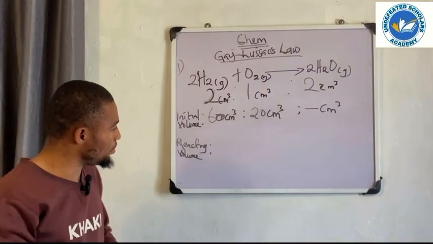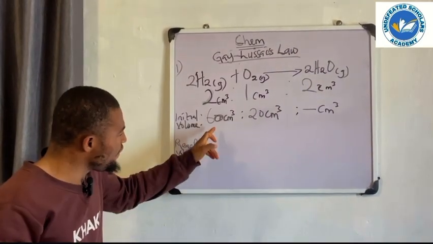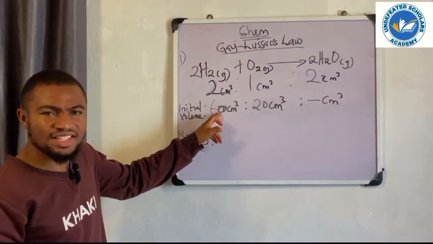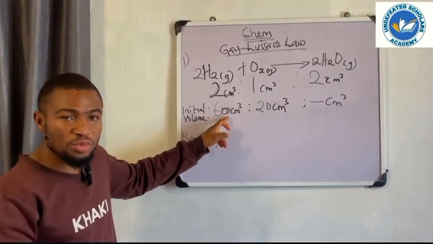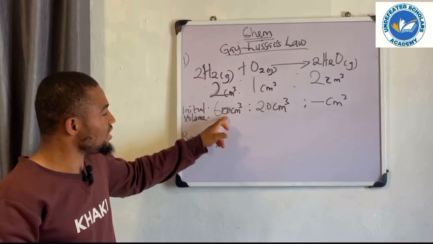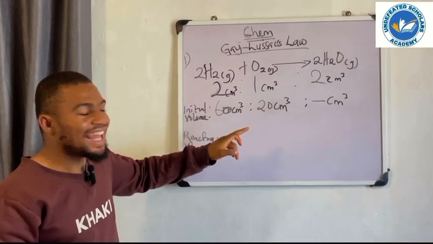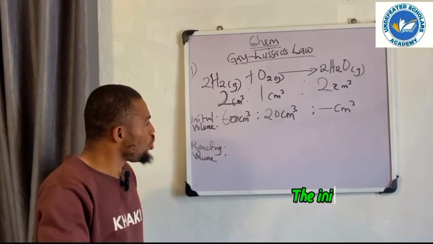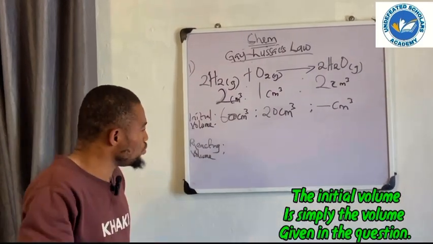Now, reacting volume. How much oxygen do you think will react completely with 60 cm³ of hydrogen? It is actually 30 cm³, but the initial volume of oxygen is not up to 30. So what do we have to do?